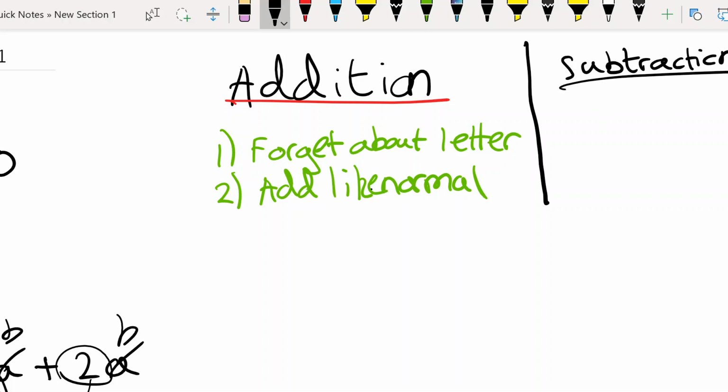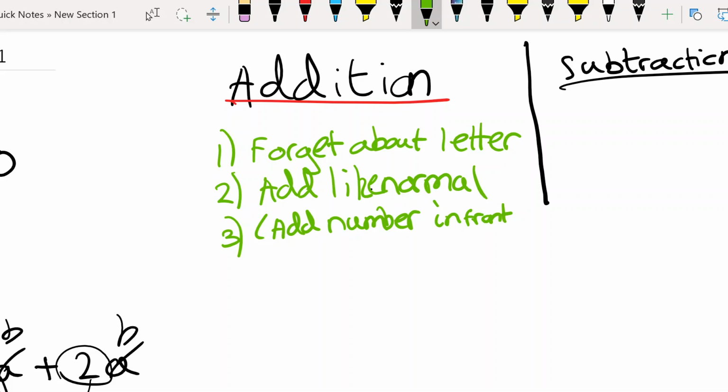And obviously, I want to just remind you that when you add, you add the numbers in front of the letters. And then right at the end, just to make sure we're clear, we stick the letter back in. So subtraction is the same thing.